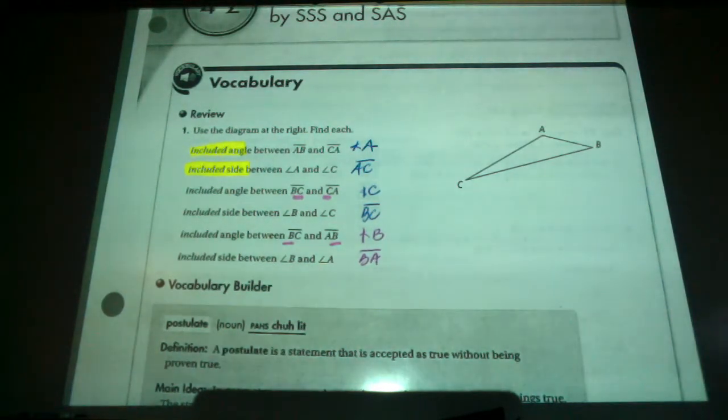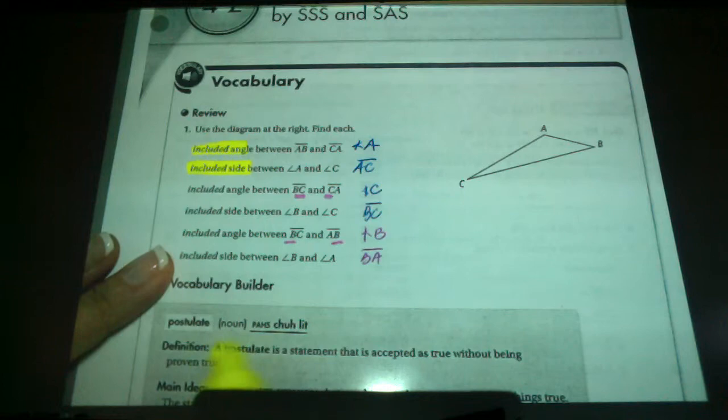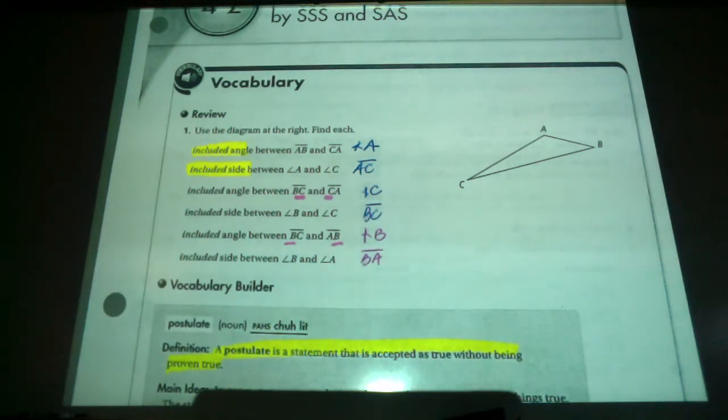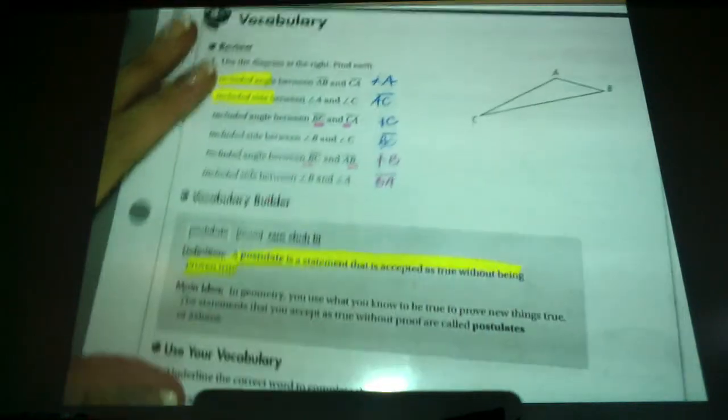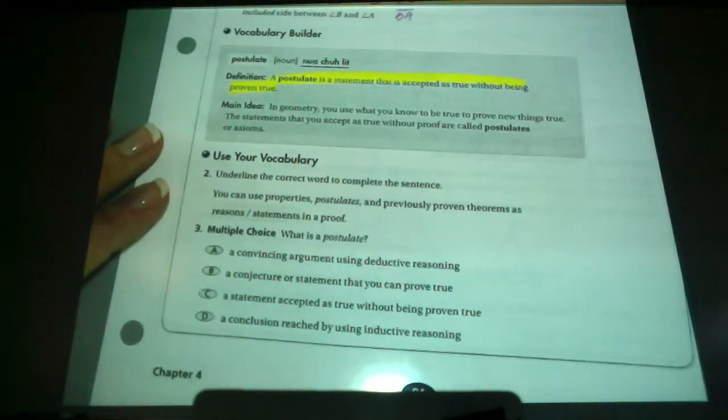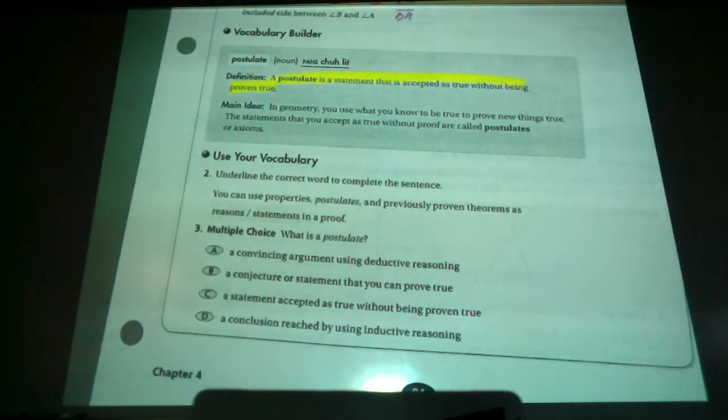So then they have formally defined for you what a postulate is. A postulate is just a statement that doesn't have a formal proof behind it. We accept it as true without knowing that it's proven true. Essentially, we know we could prove it, but it just doesn't have a formal proof behind it. So underline the correct word. You can use properties, postulates, and previously proven theorems as what?